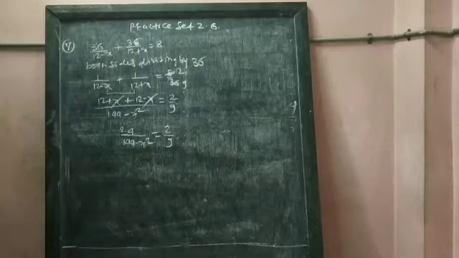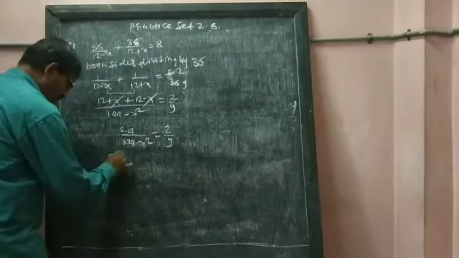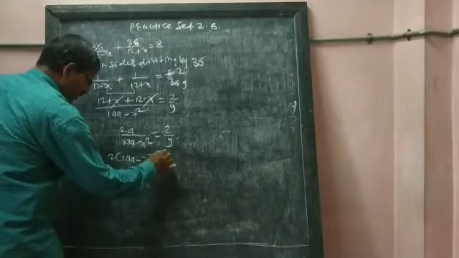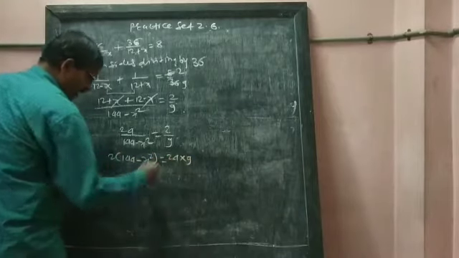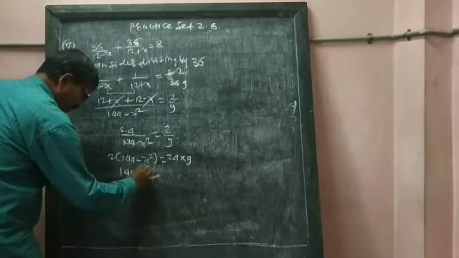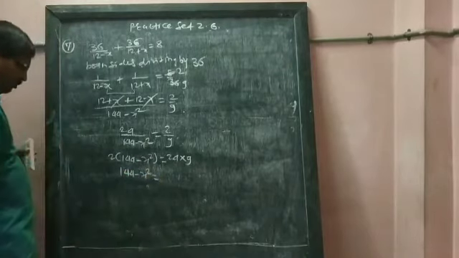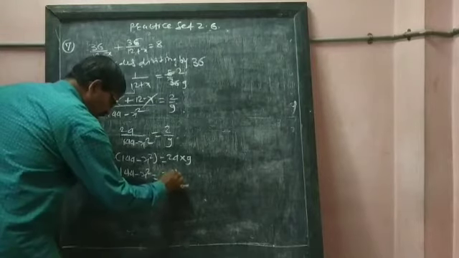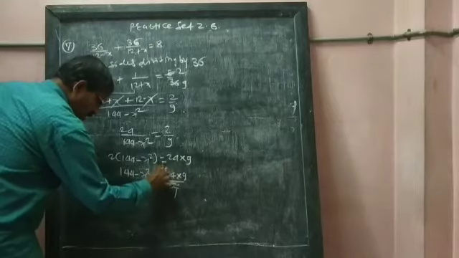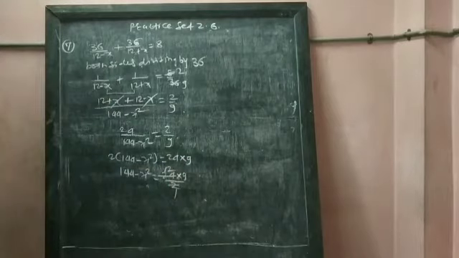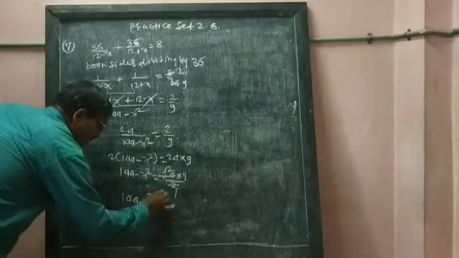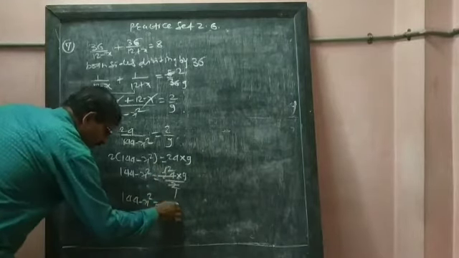Now do cross multiplication: 2 in bracket 144 minus x square is equal to 24 into 9. Then this 2 goes there: 144 minus x square is equal to 24 into 9 divided by 2. 2 ones are 2, 2 twelves are 24. Thus we get 144 minus x square is equal to 12 into 9, which is 108.